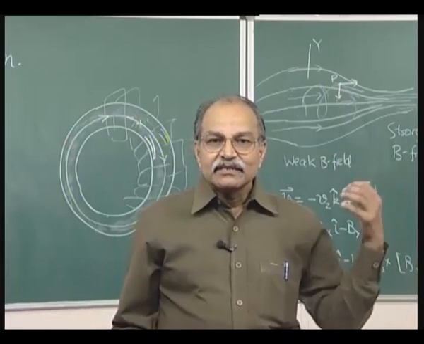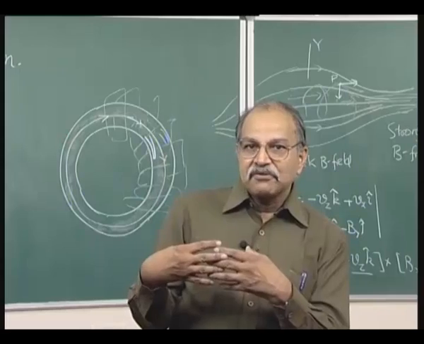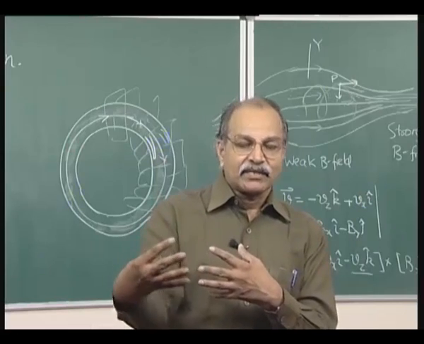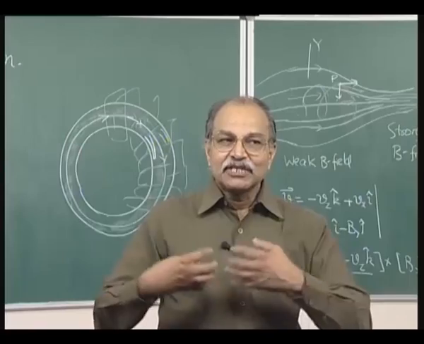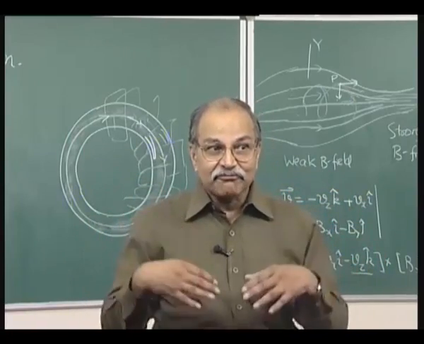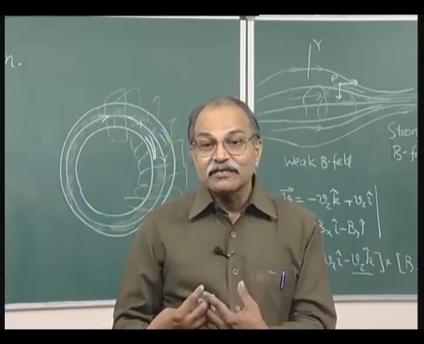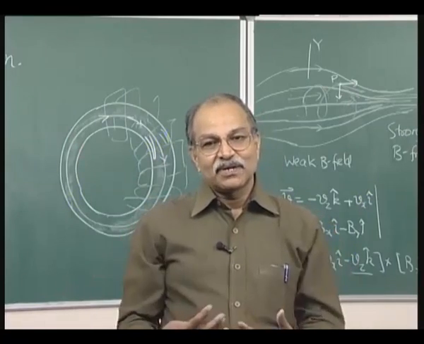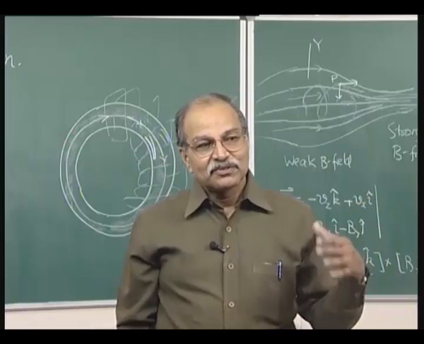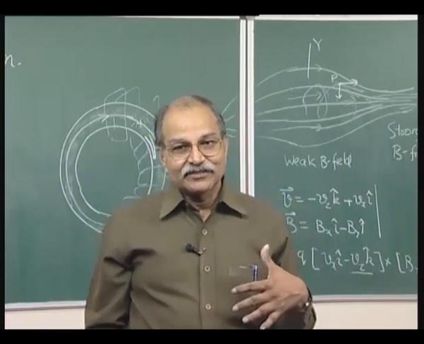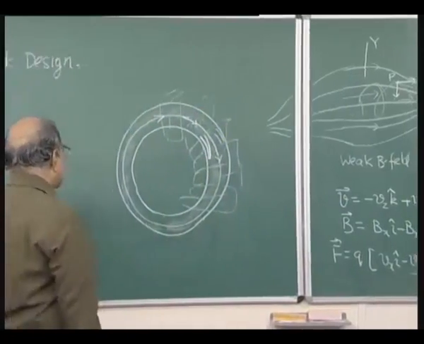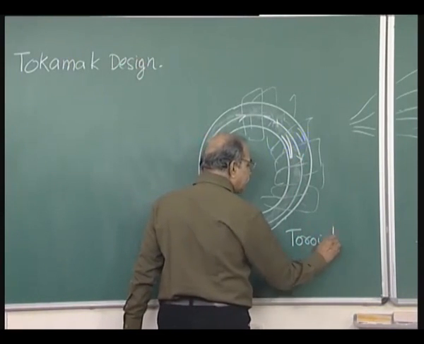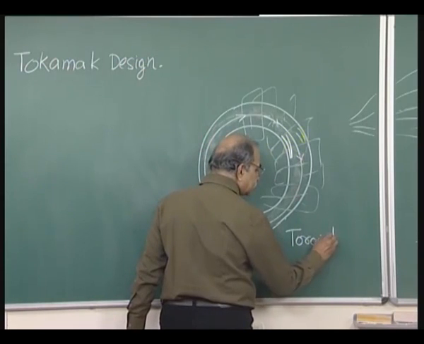And you have seen that stronger magnetic fields tend to push the particles back, and therefore, this magnetic field itself will help these particles to go and hit the walls on the outer side, and therefore, more complicated fields are needed. So, this is known as the toroidal field. Of course, this is the basic, that field is very much there, toroidal.